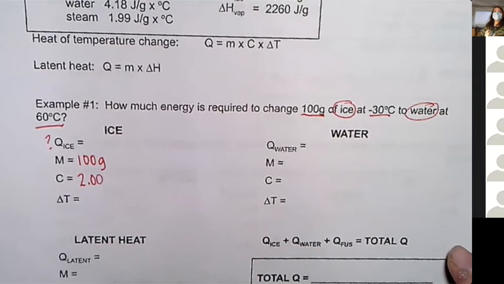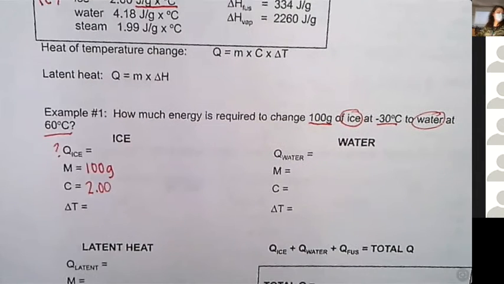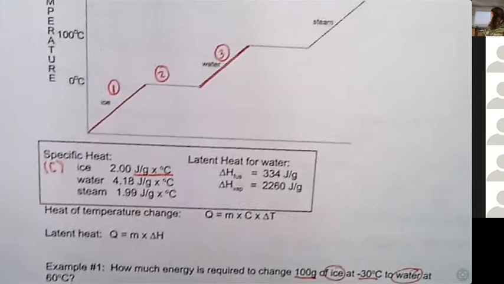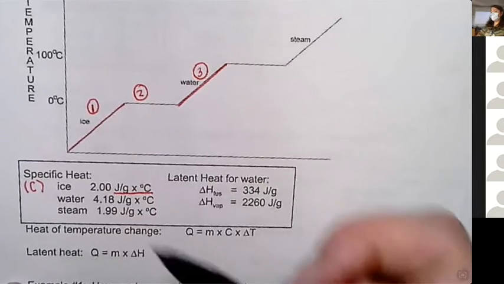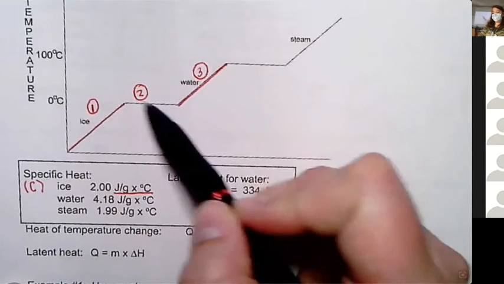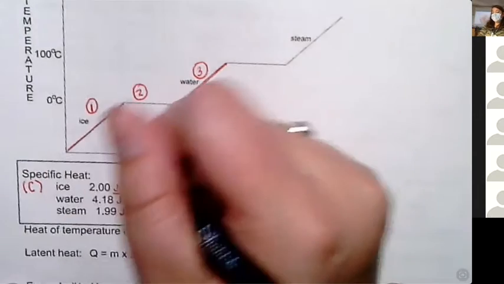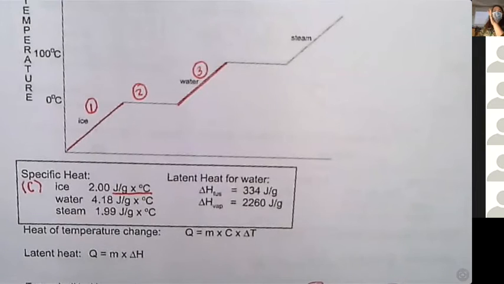All right, so I need you to see something. Here's the thing. I numbered these for a reason, okay? The first thing is when we're trying to find delta T, the change in temperature, we got to keep in mind that at a certain temperature, things are going to start changing a little bit.